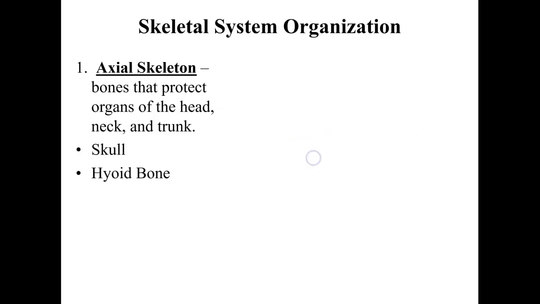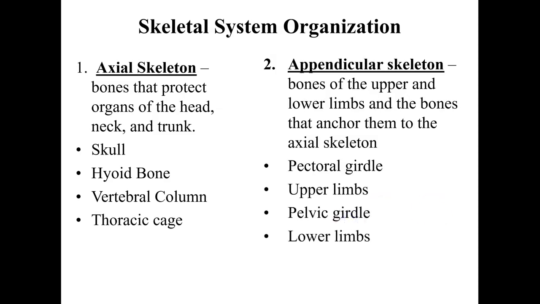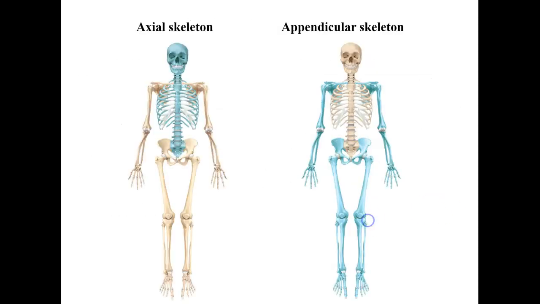They're going to consist of the skull, the hyoid bone, the vertebral column, the thoracic cage, and then we head on over to the appendicular skeleton, and those are going to be bones of the upper and lower limbs and the bones that anchor them to the axial skeleton. So if you want to think of axial as along the axis and appendicular as the appendages. So here they're going to have the pectoral girdle, the upper limbs, the pelvic girdle, and the lower limbs.